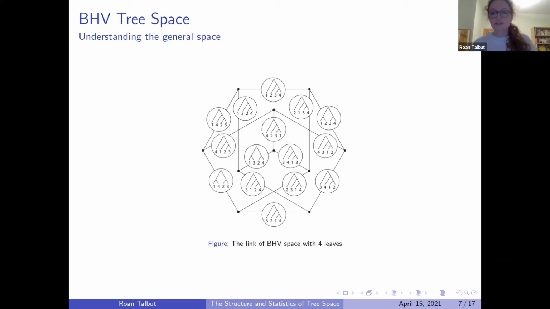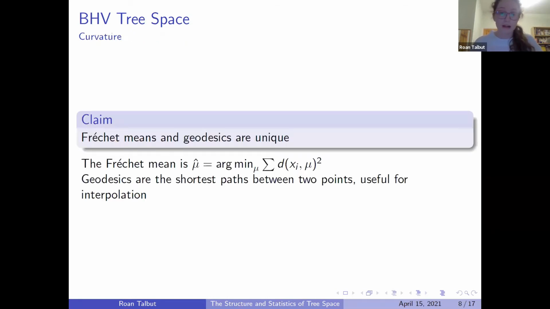so in terms of now trying to do statistics in this space, which sounds a little bit bizarre, actually we do have some really useful results right off the bat. In this space, geodesics and Frechet means are unique.